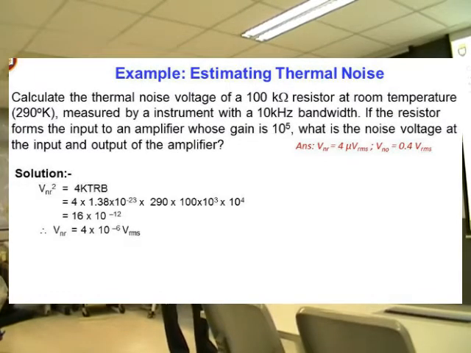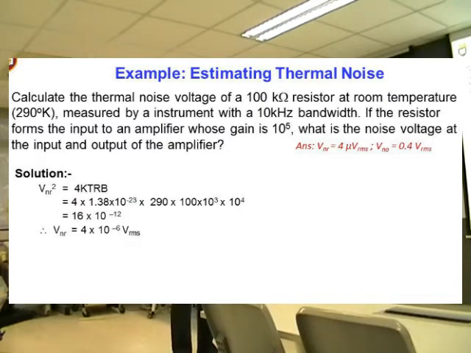This is thermal noise. So the formula that's applicable is Vn squared equals 4kTRB. 4K is Boltzmann's constant, which is 1.38 times 10 to the power of minus 3, times T being temperature. Temperature we know is 290 degrees Kelvin.